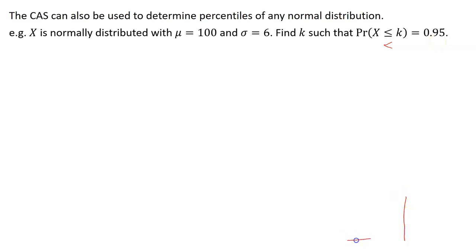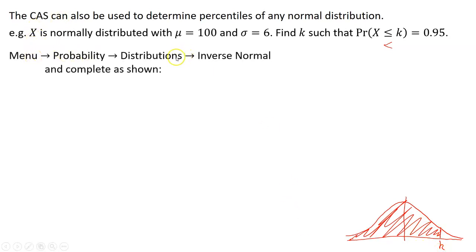Let's think about what we're going to be expecting. Here's my normal curve. I want the probability to be 0.95, so my k is going to be somewhere up here. The area under the curve is 1. 0.95 is not far off 1, so this is my k here that I'm trying to find.